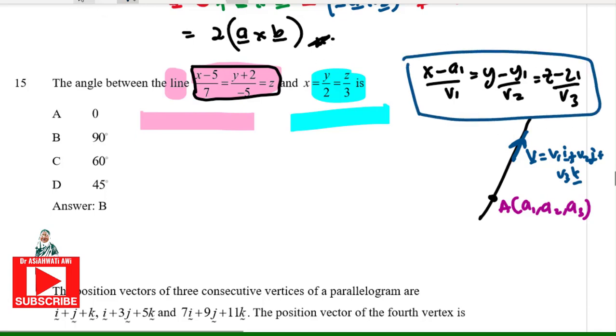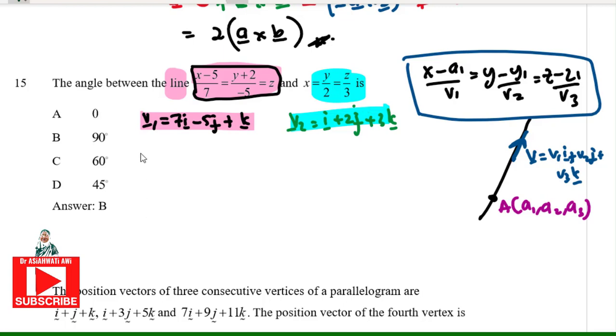So for the first line, x minus 5, this one named v1 is equal to 7i minus 5j plus 1k. For this one, x minus 0 over 1, named v2, is i plus 2j plus 3k.